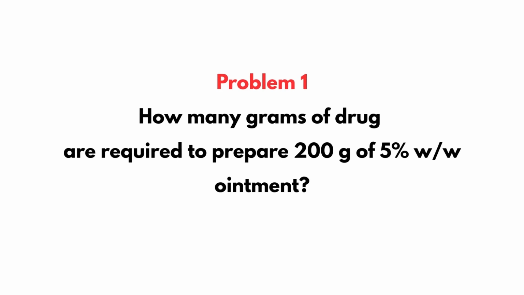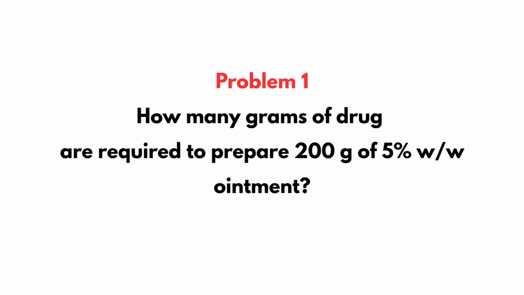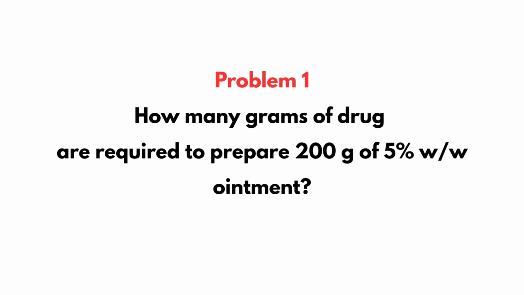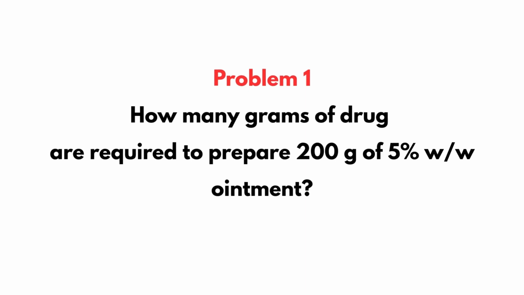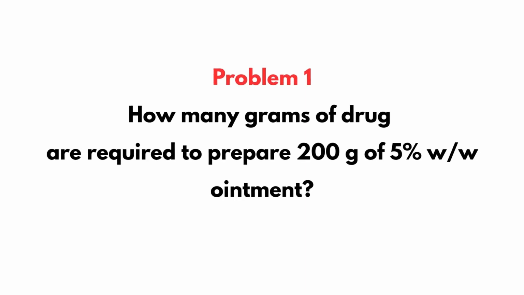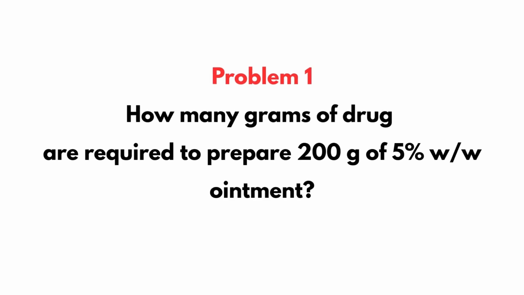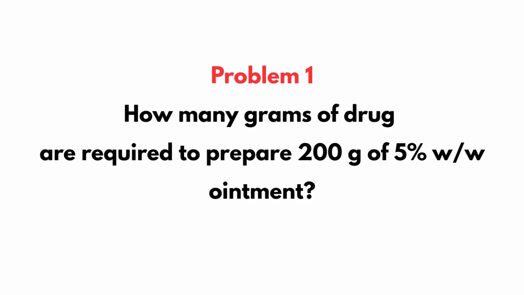Problem number 1. How many grams of drug are required to prepare 200 gram of 5% weight by weight ointment? Here we need to calculate how many grams of drug are required, like 5 gram, 10 gram or 15 gram. First we need to write the formula, that is percentage is equal to quantity of solute by quantity of solution into 100.